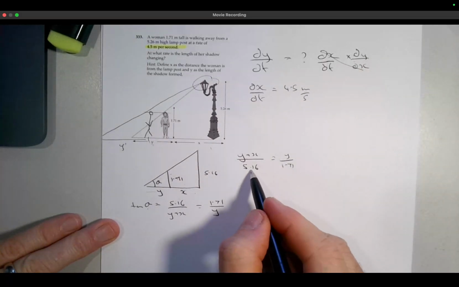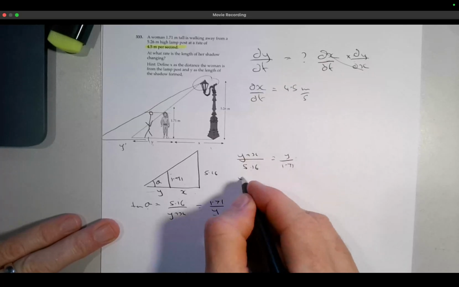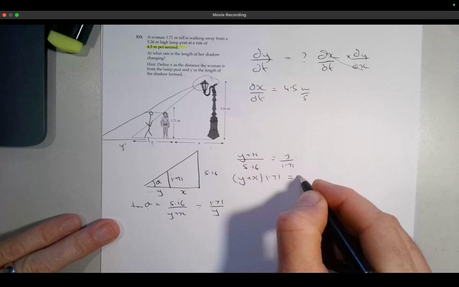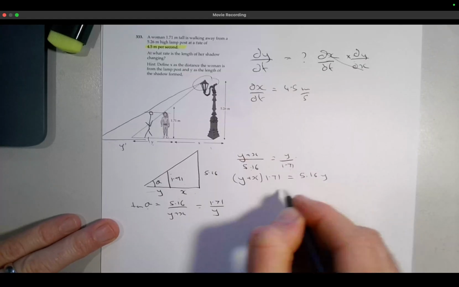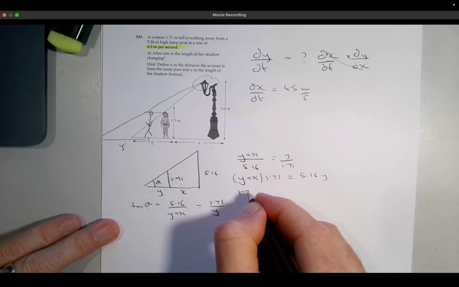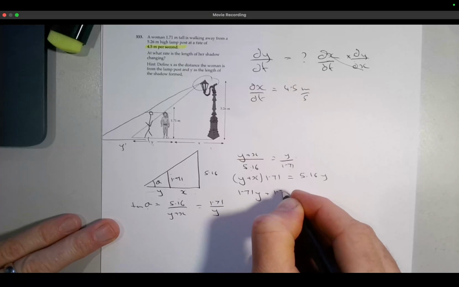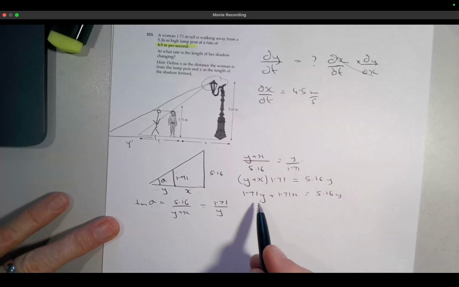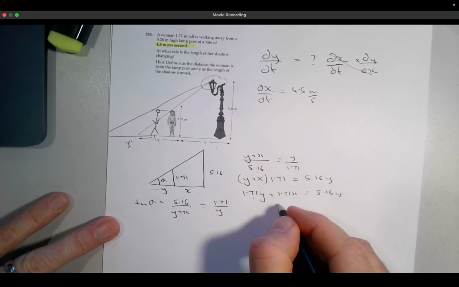So some algebra here. This is going to crop up here and over here. y plus x times 1.71 equals 5.26y. Expand, expand. Let's put this over here.